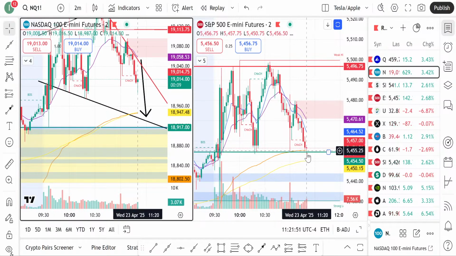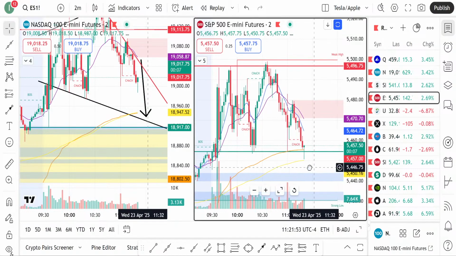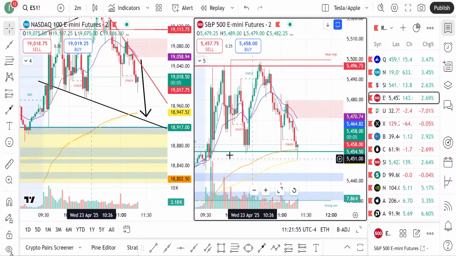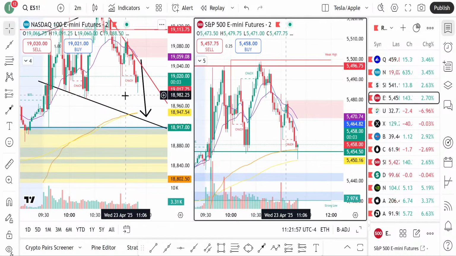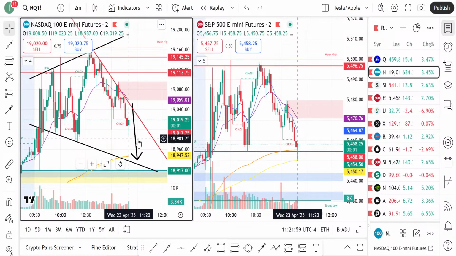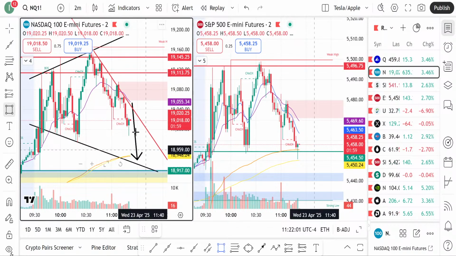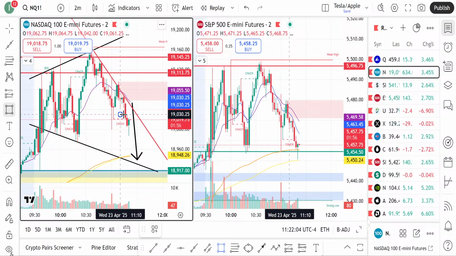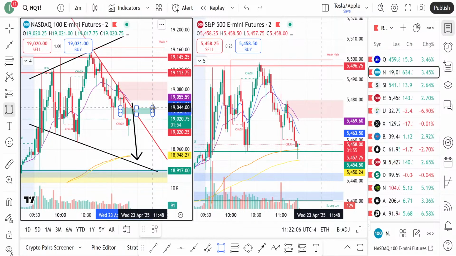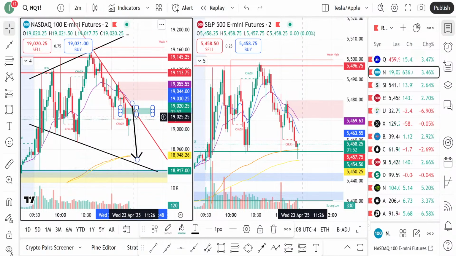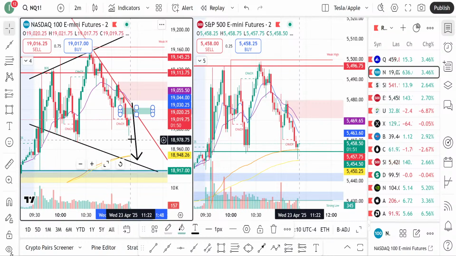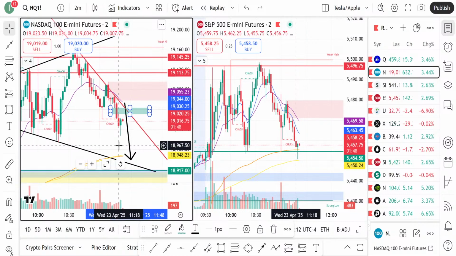We're seeing some rejection here at the lows. It's no bueno. We have this bearish fair value gap here that we might pull back into and then probably continue lower from.